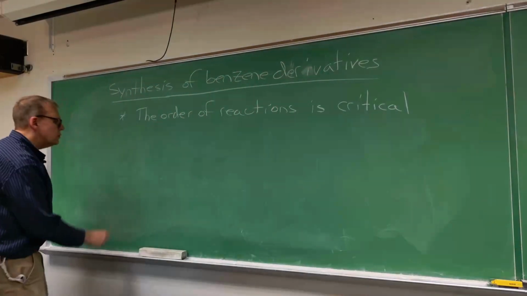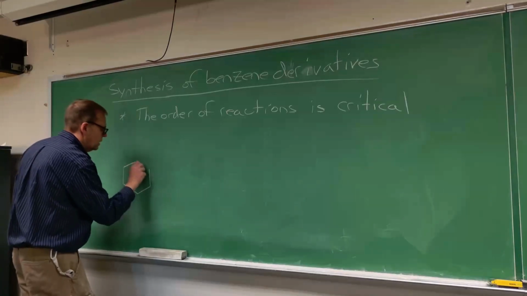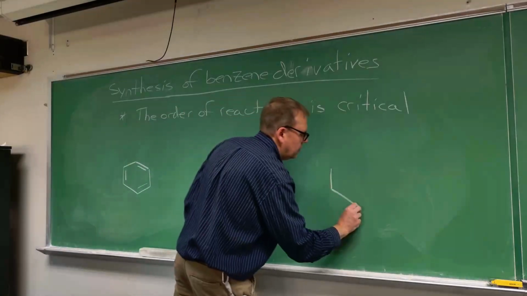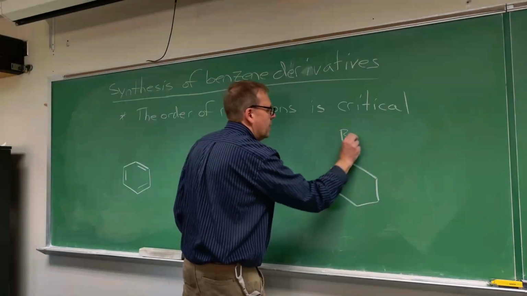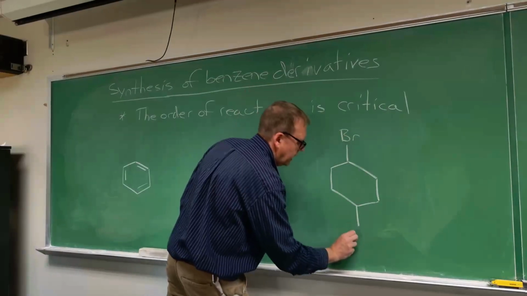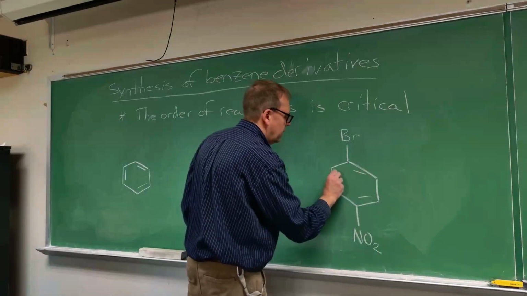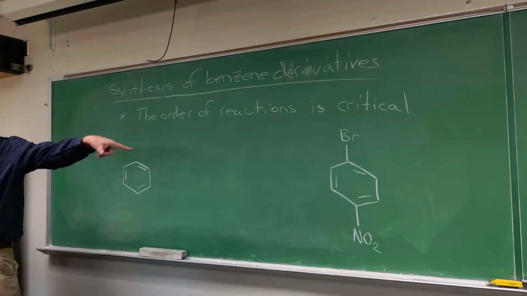Suppose you wanted to make, starting from benzene, a molecule where you had a bromine on the ring and a nitro group on the ring. So your job was to start with this and make that.